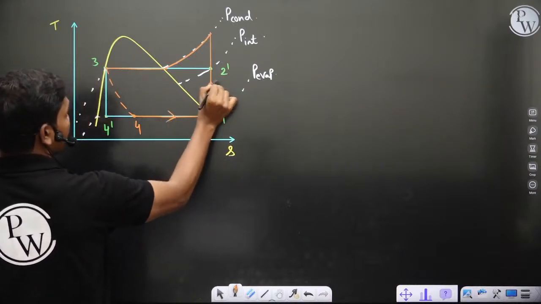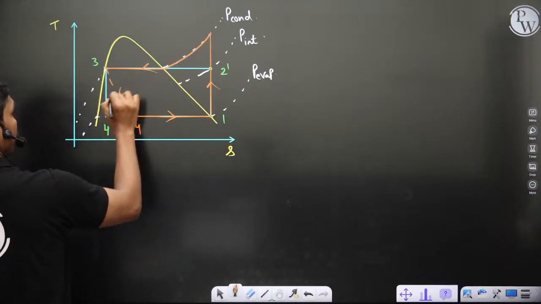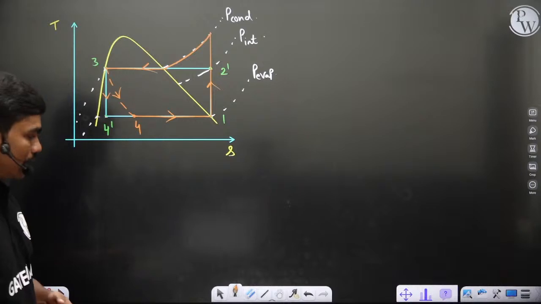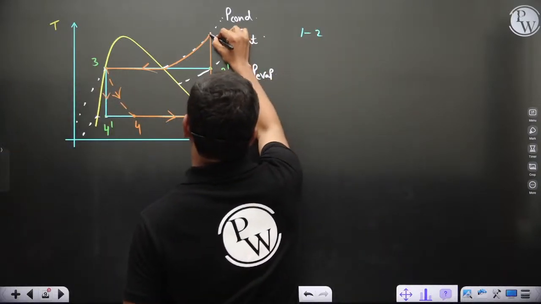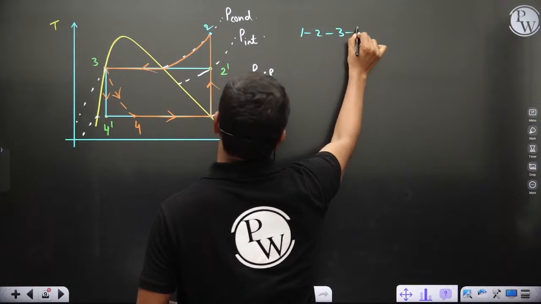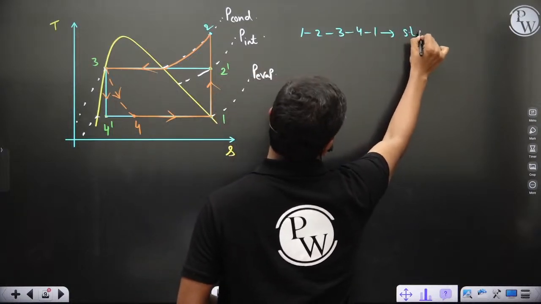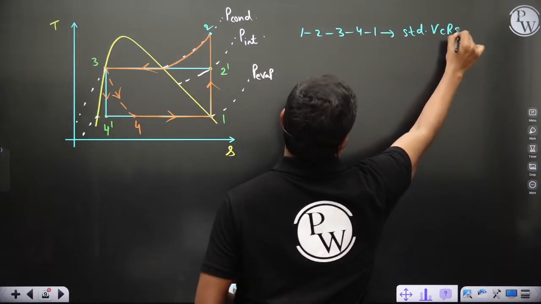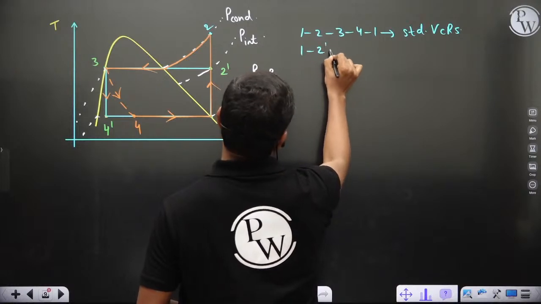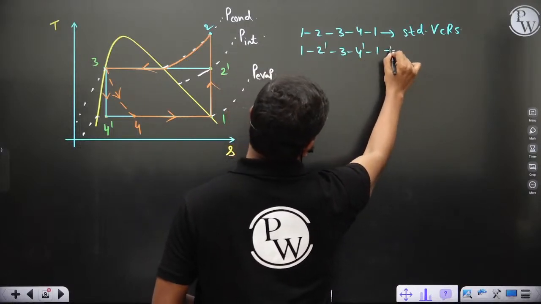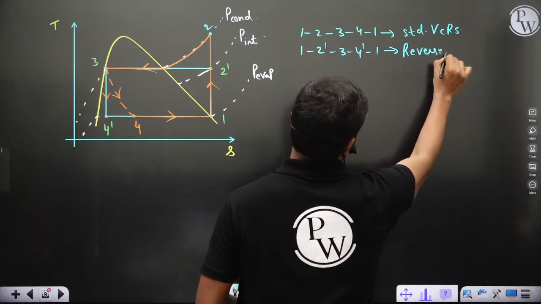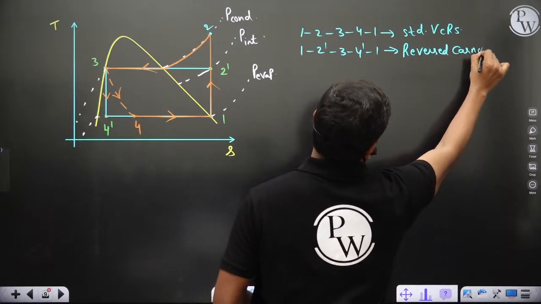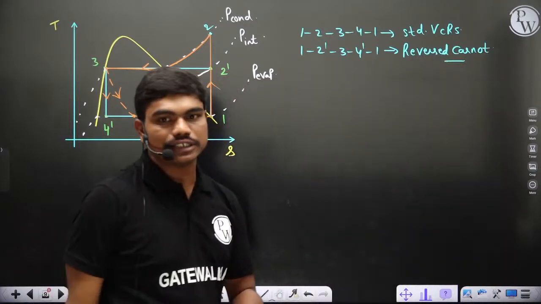And this is the cycle. Now clearly, 1 2 3 4 1 is standard VCRS. 1 2 dash 3 4 dash 1 is the reversed Carnot.